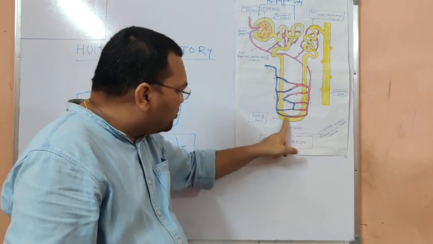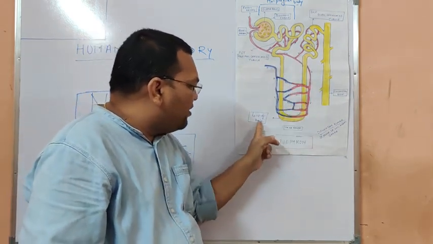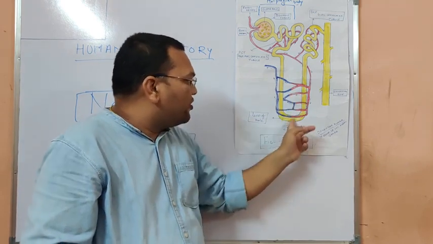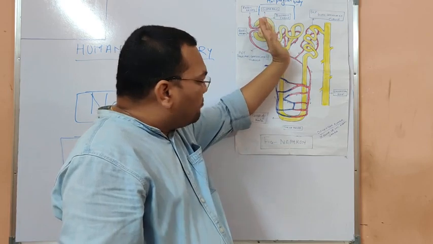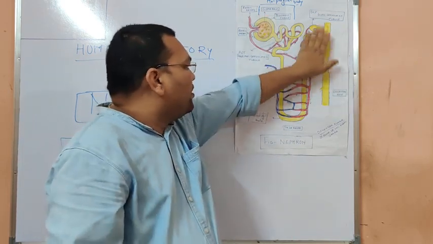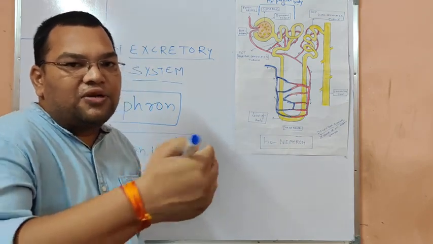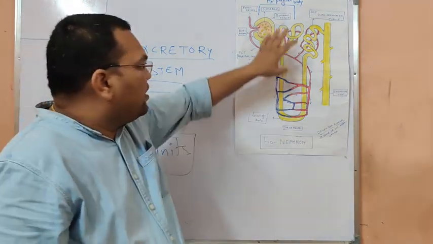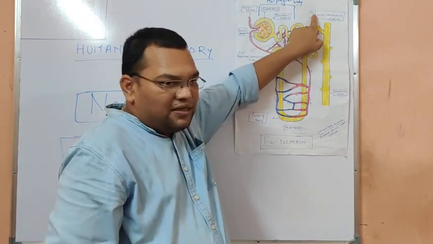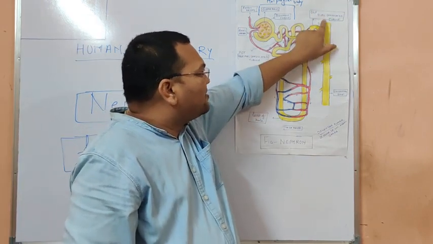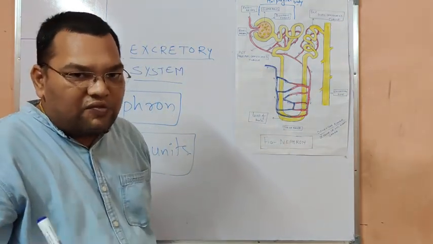Now this yellow-colored loop is called the loop of Henle. Here it is written, the loop of Henle. The tubule portion which is a little bit far, also convoluted but at some distance from the Bowman's capsule, is known as the DCT, the distal convoluted tubule.